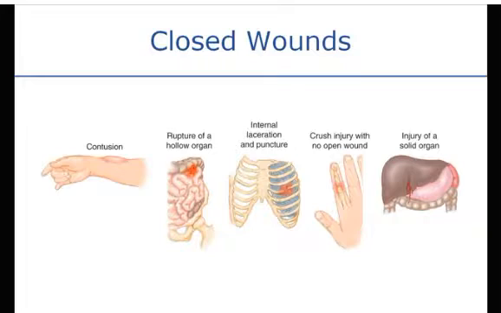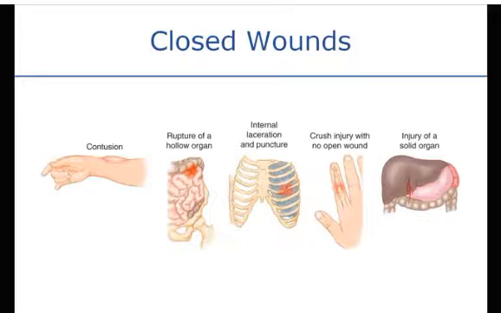So there's your contusion, there's a rupture of a hollow organ, there's an internal laceration or puncture, crush injury, and injury to solid organs from a blast. So these are all closed wounds, and the severity is really determined by how large the closed wound is and what organs lie beneath, because trauma is the application of force to the body, causing disruption of the tissue.